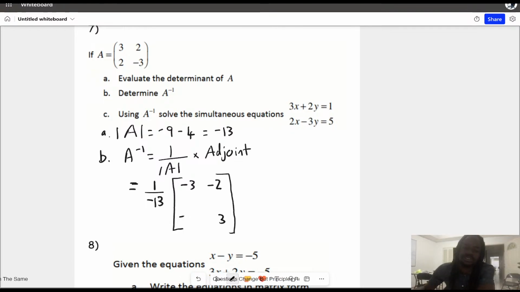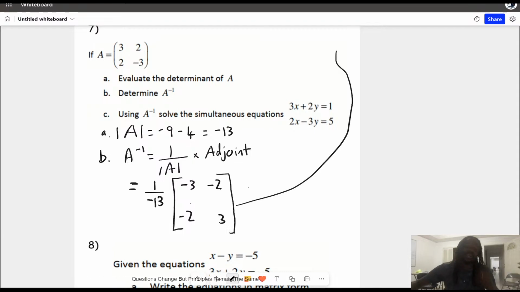Alright. Now question C. Using A inverse, solve the simultaneous equation that they have given me right there. So basically when they say to solve, they just mean that we're supposed to figure out what the x and the y are.